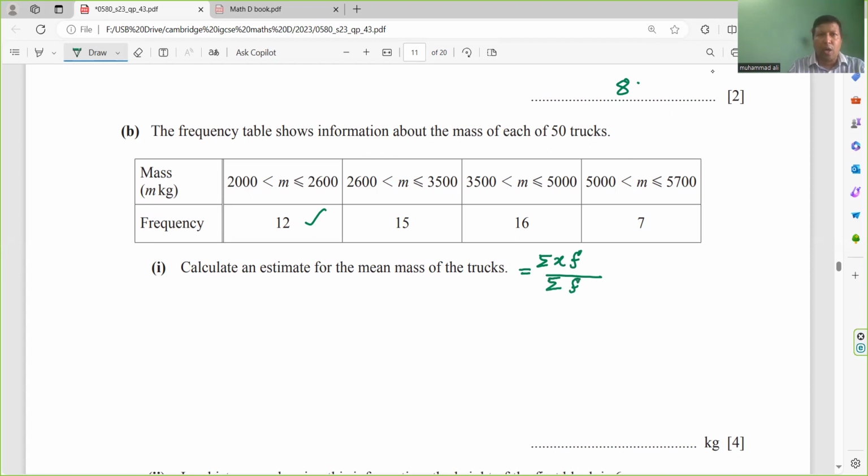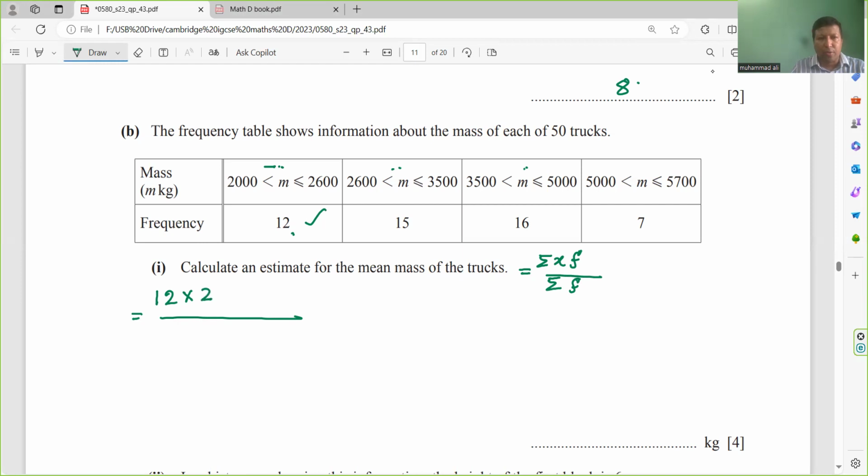So here we have to find the mid value of each interval, and each mid value we have to multiply with the frequency. So we get 12 multiplied by the mid value of 2000 and 2600. We add both of these and divide by 2.